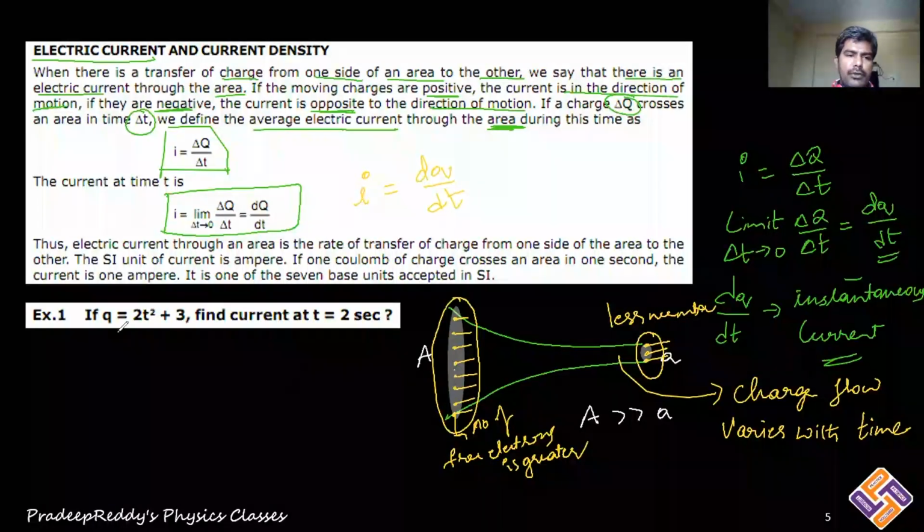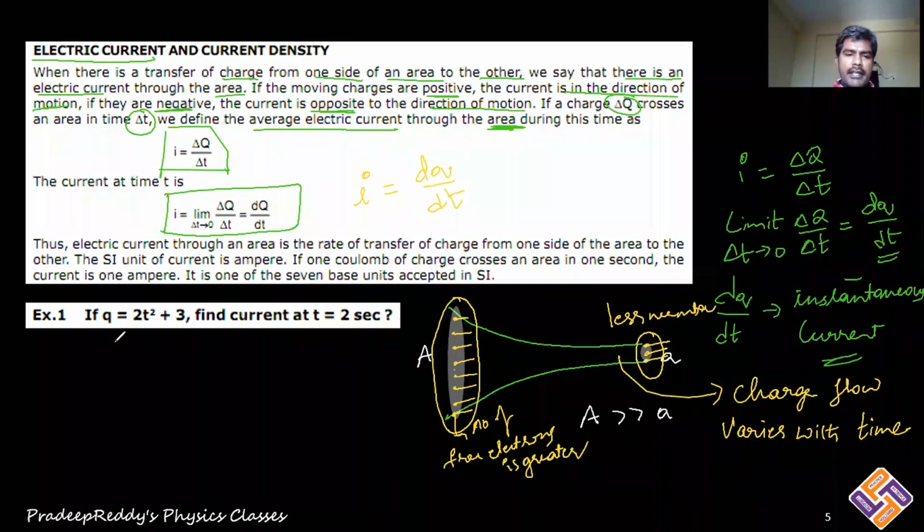Now let me show you one example. Here we have Q equal to 2t square plus 3. Q of t is variable with respect to time. If t is equal to 0, charge flow is 3, that means at t equal to 0 second, Q is equal to 3 coulomb.